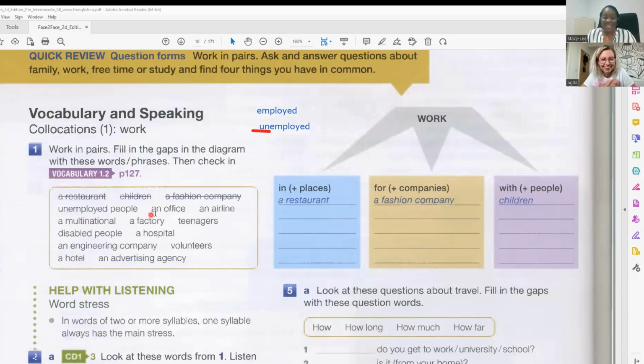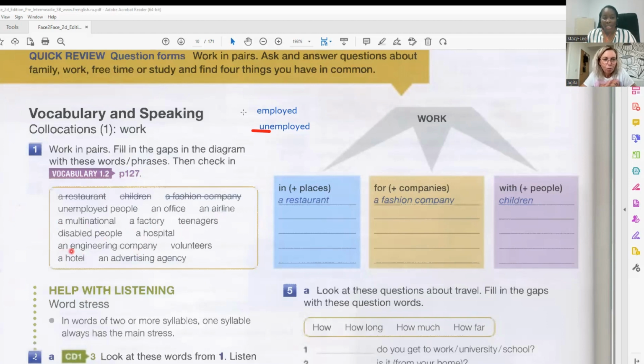All right, next. An office. It is inside office, yeah? Yes, inside. An airline. Airline. An airline. Multinational. Very good. A factory. Teenagers. Disabled people. A hospital. An engineering company. Okay, close.